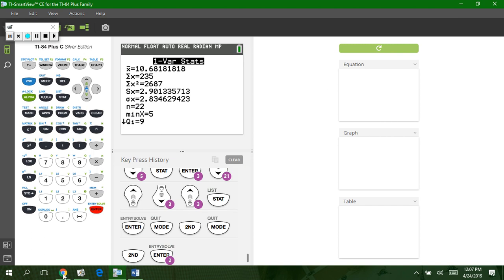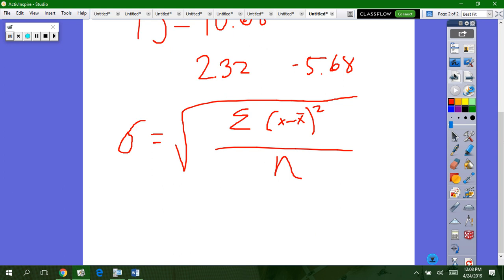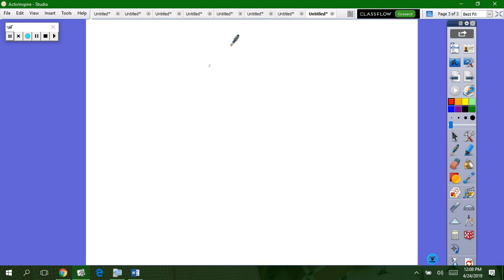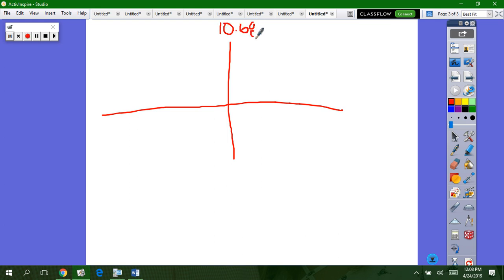Standard deviation is the average distance away, but what we're going to show you is this. Here's our average. What was our average? 10.68? Yes? Okay. So in that normal curve, we have what we call our standard deviations.